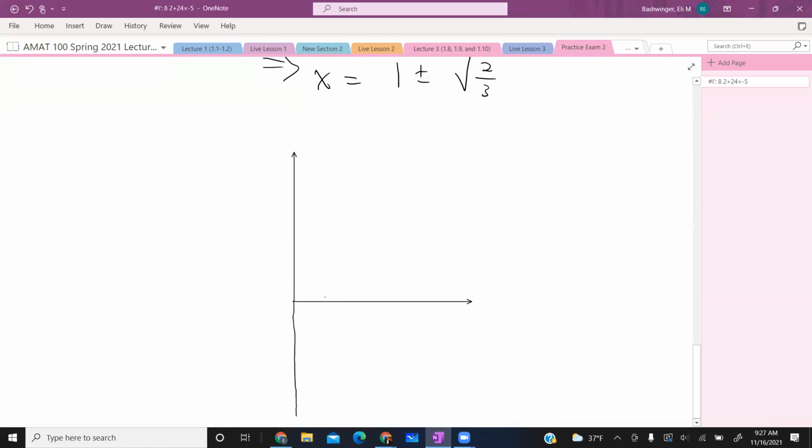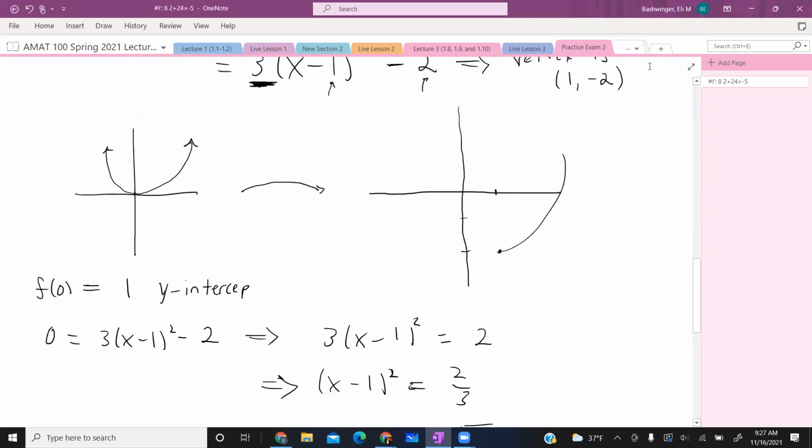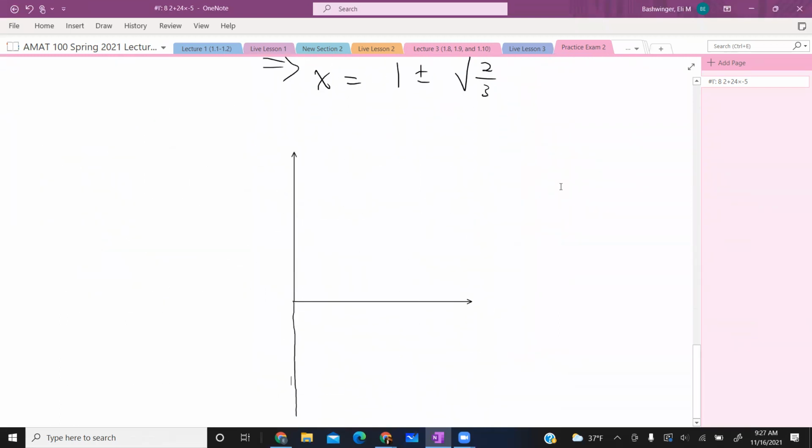All right, so we have the vertex is (1, -2). So we go over 1 unit and then down 2 units, 1, 2. And then at 1, 0, we intersect. And then just to the left of 1, there's a root, and then to the right of 1, there's a root.